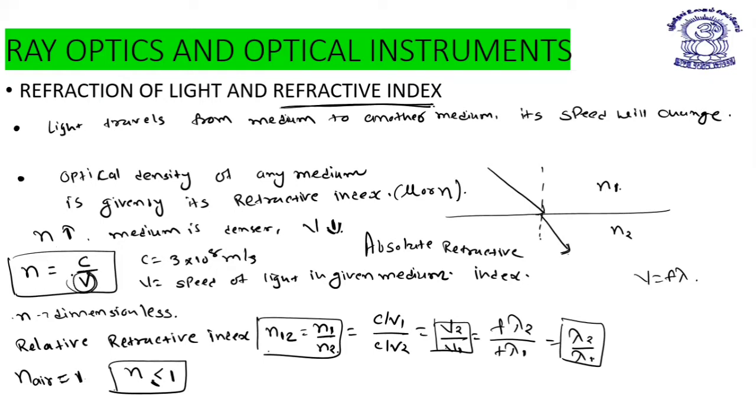So this ratio will always be greater than or equal to 1. There are some examples. The refractive index of glass is usually taken as 3/2, that is 1.5. Refractive index of water is 4/3, that is 1.33.